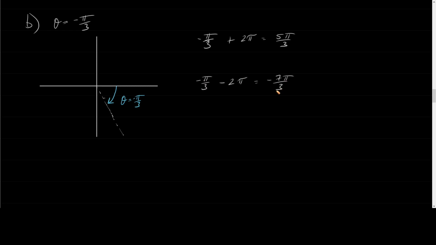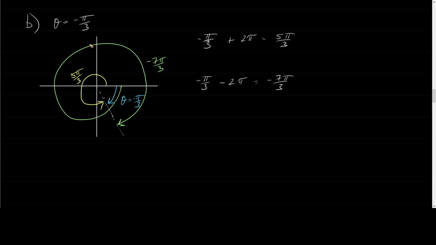Now, what would this look like? Well, let's see. In yellow here, I'm going to do the first one, which is our positive angle. So that angle would be 5 pi over 3, and it's coterminal. The other coterminal angle that we can talk about would be this, that would be negative 7 pi over 3.